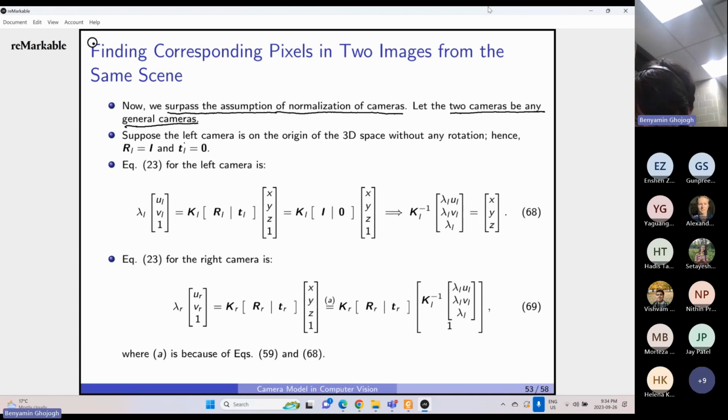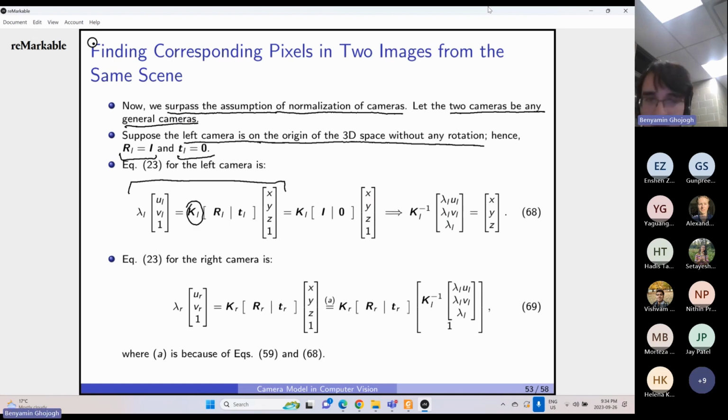Again, suppose that the left camera is at the origin of the 3D space, which is my choice, right? Without any rotation. So again, the left rotation matrix is identity, and the left translation vector is 0.